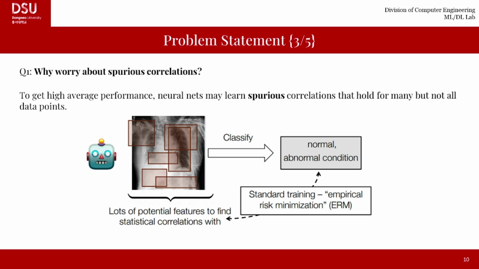So basically, to get high average performance, the neural networks may use spurious correlation. And when we ask some mechanical system or some application to find out the normal or abnormal condition, the standard training implements empirical risk minimization. So actually they train with empirical risk minimization, which uses a lot of potential features to find statistical correlation.